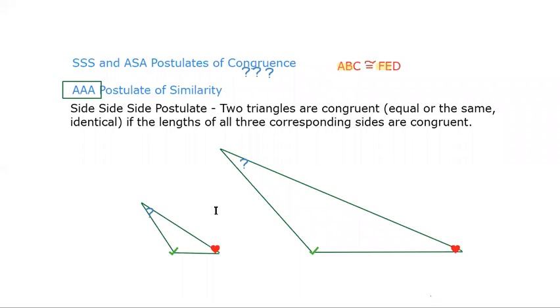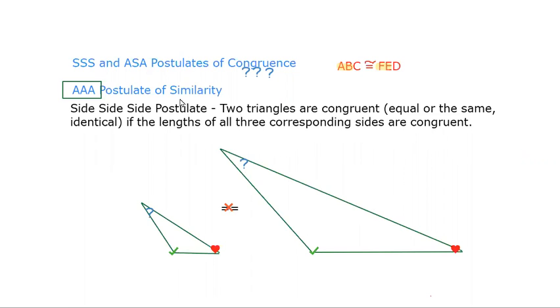These two triangles are clearly not equal. They are similar. The side lengths are proportional, and we will study this a little bit more later. I just don't want you to think that if a triangle has the same angle measurements as another triangle, that means they're automatically congruent triangles. They are not. They could be, but they're not necessarily.